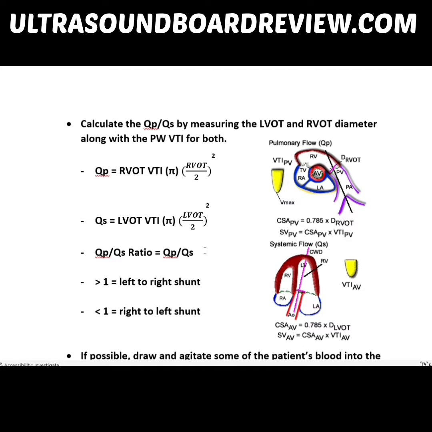So a shunt, if someone just randomly got a shunt in their atrial septum, it's normally going to go from left to right because fluid will always travel in areas with less pressure. So blood will go from the left side, which is a higher pressure, to the right side, which is a lower pressure. So it'll go to the right side.